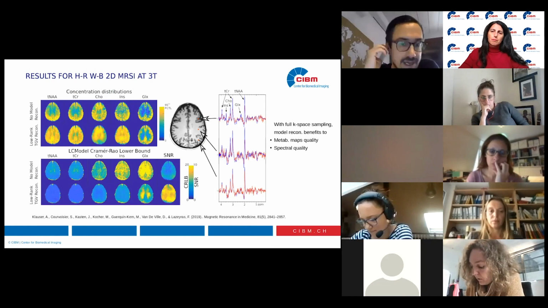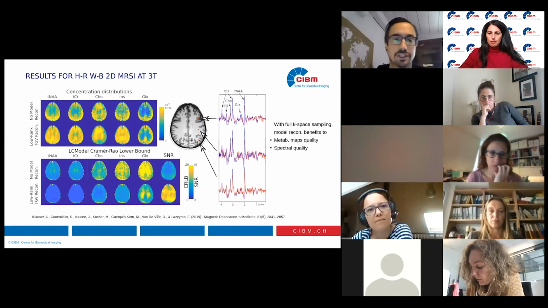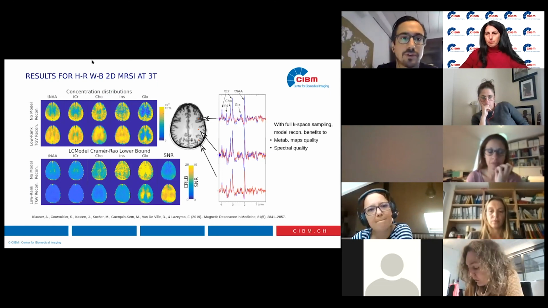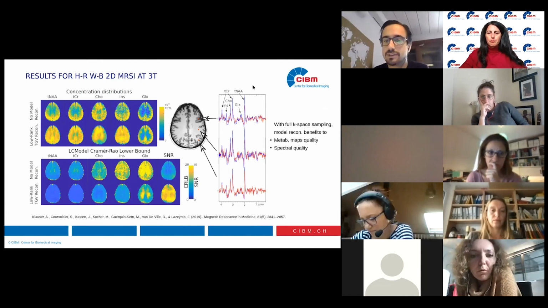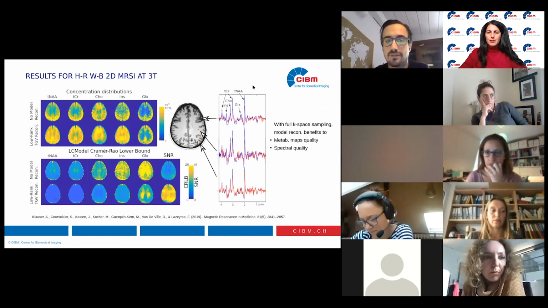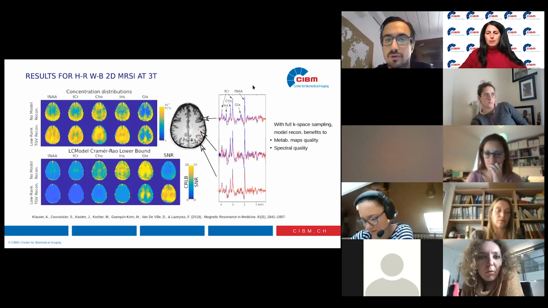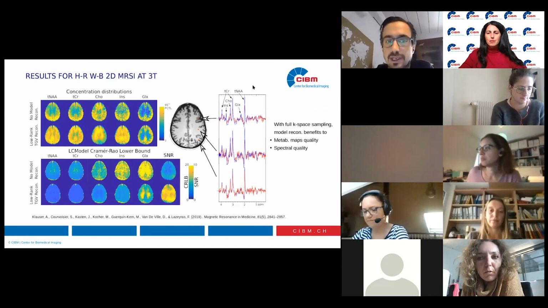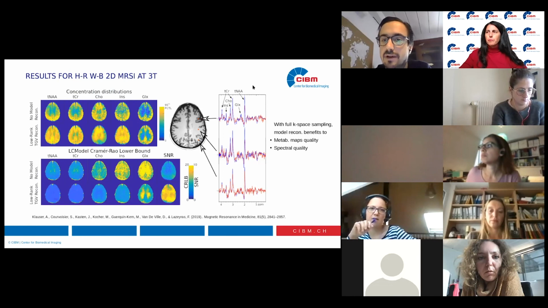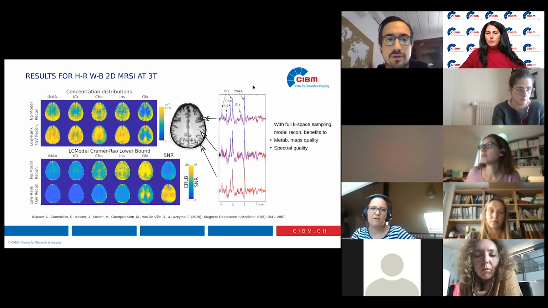Of course, then we don't take into account different water concentration in different tissues. So that might be also part of the contrast that is contained in the metabolite map. You see what I mean? In some part of the brain you might have tissue with higher or lower concentration of water, but we don't account for that. We just reconstruct water the same way we reconstruct metabolite, and we use that for scaling in absolute.